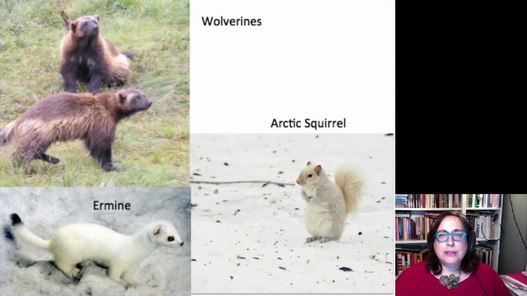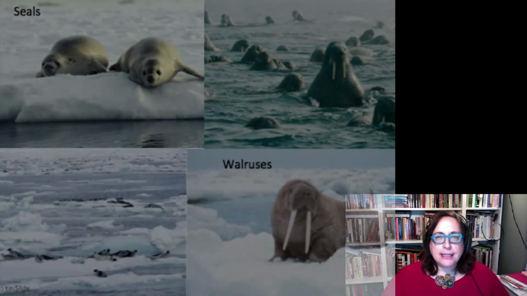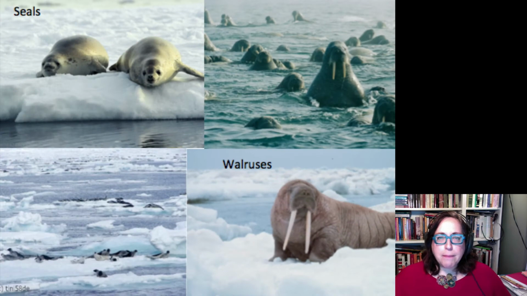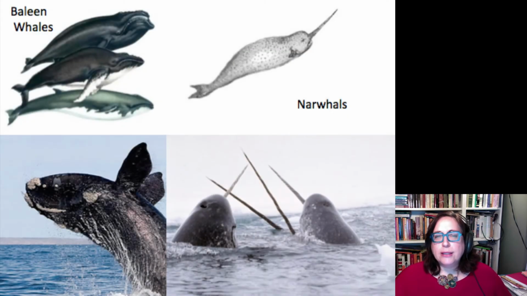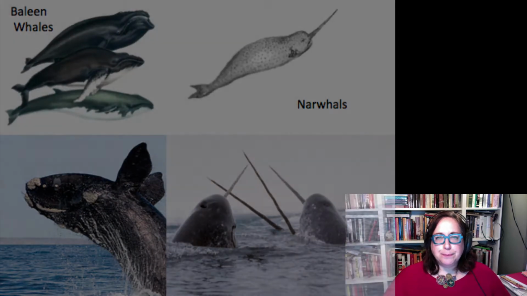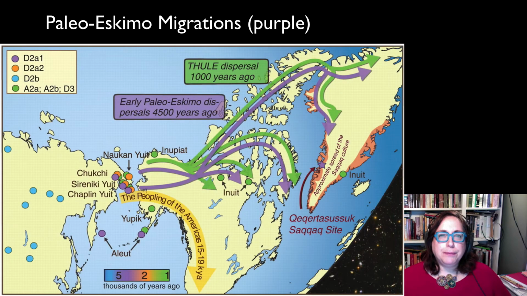Other land animals include wolverines, ermines, and Arctic ground squirrels. There are also many birds and marine mammals like seals, walruses, baleen whales, narwhals, killer whales or orcas, and of course beluga whales.